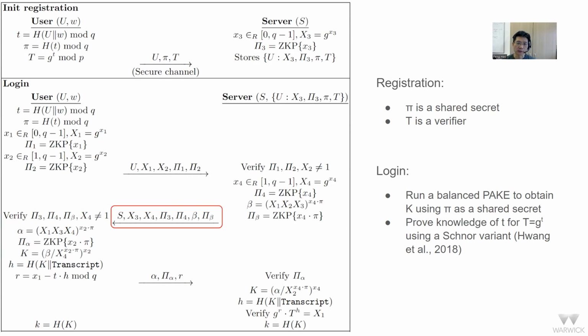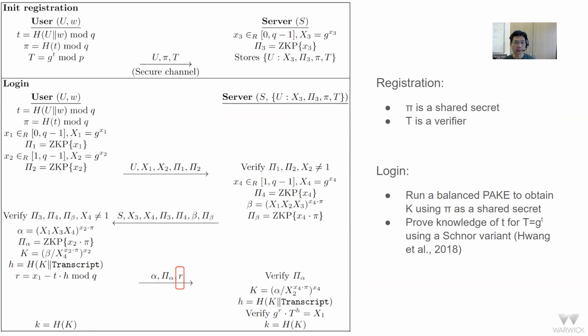And this is also the same as in JPAKE, except that here X3 is a fixed key rather than an ephemeral key. In the third pass, the client sends alpha and the zero-knowledge proof for alpha. This is the same as in JPAKE.